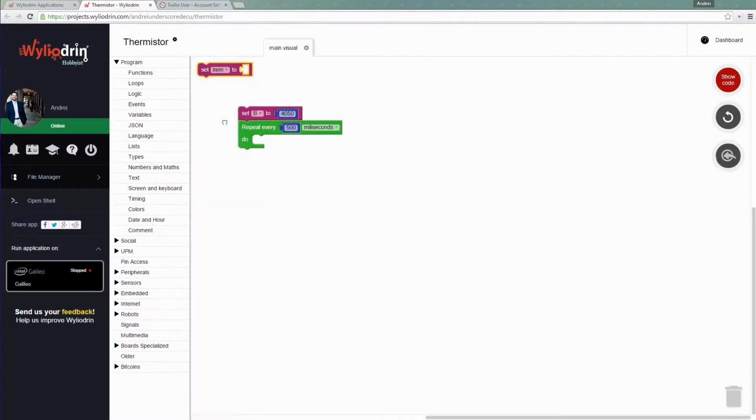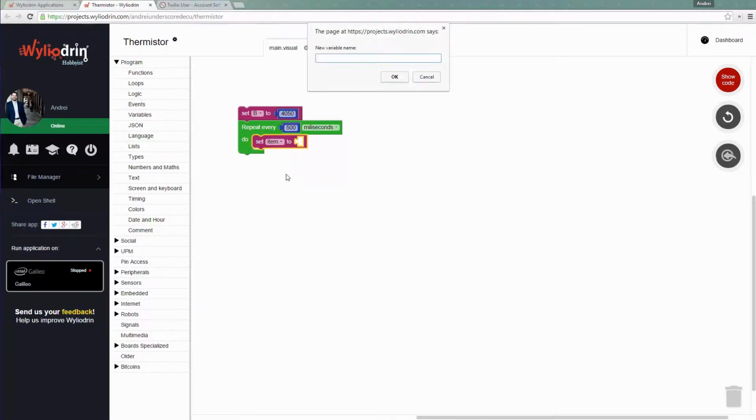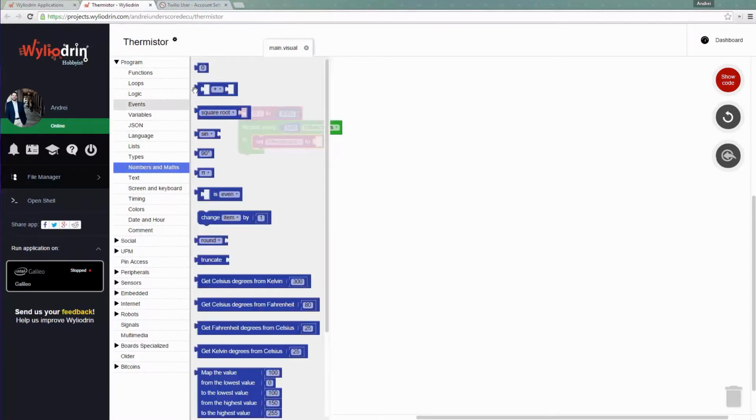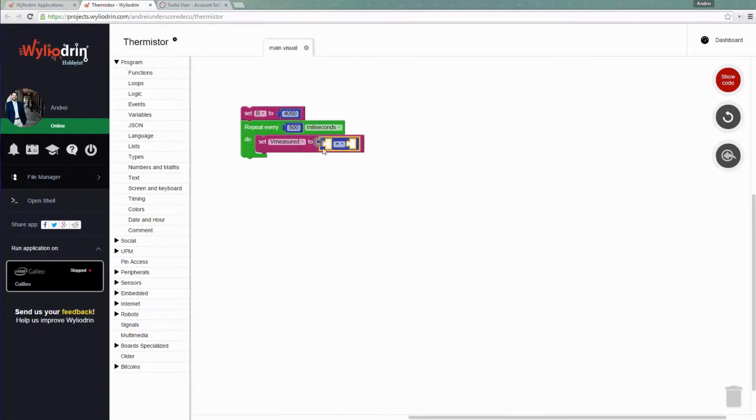Okay, so let's add a new variable here called V measured. And that will basically be the voltage that I get in my analog input multiplied by 5. Okay, so I'm going to add these two blocks from numbers and math here, duplicate this so that I can multiply it by 5.